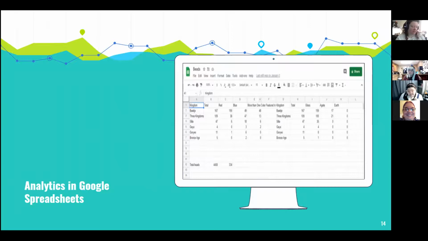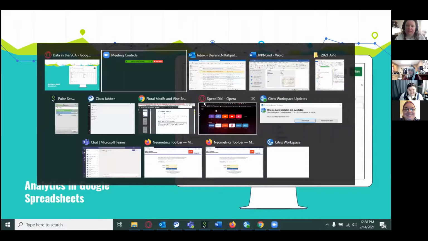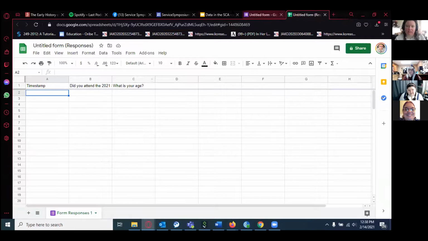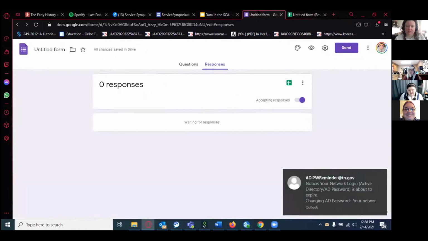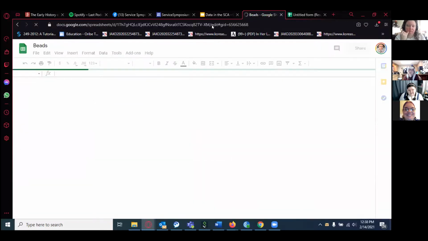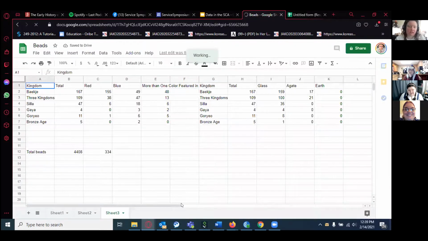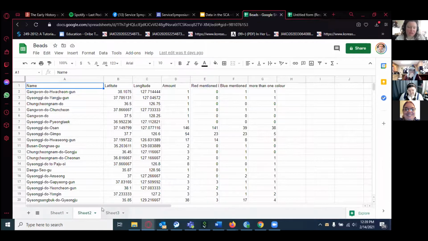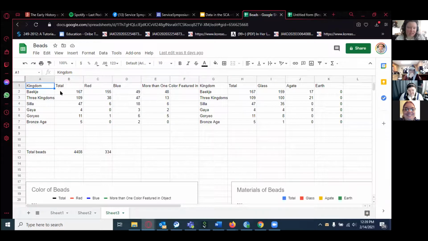Okay, so we have time for this one. Analytics in Google Spreadsheets is a little different from what you might be expecting. One thing that you can do, especially if you are working on something that is text-based and not like numerical answers, is you can do text searches.